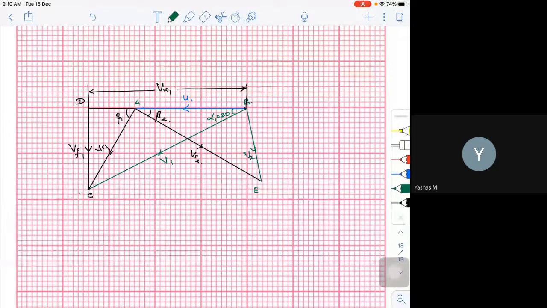Now complete the triangle by drawing a vertical line from this particular point, then draw a horizontal line. This will be your VF2, and you measure this value. This will be your VW2, and you measure this angle, that will be your alpha 2.